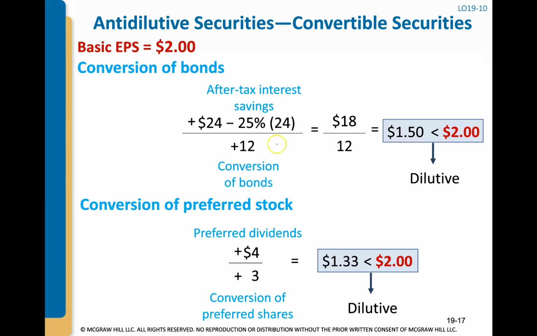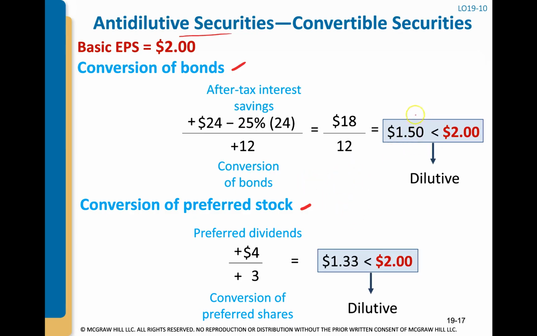Now back to our convertible securities. We did the conversion of bonds and conversion of preferred stock. Notice we don't have those warrants here because they were anti-dilutive from the start, and we don't include them in this layering process. So which one do we add first?